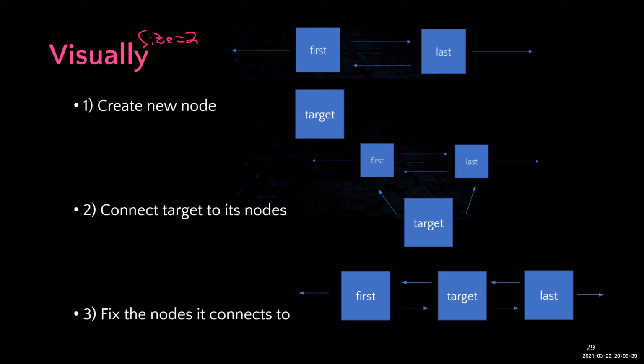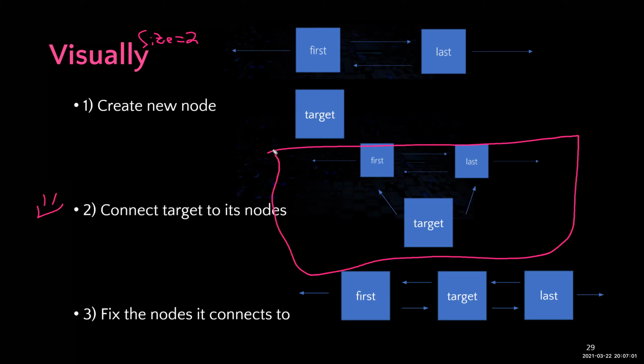Since our iterator is last, we're going to say target next equals last. And then what should target's previous be? Well, we know that last previous is going to be first. So we can set target's previous equal to last previous. And then we have this connection all set up. Does this stage make sense to you guys, what we're doing here?